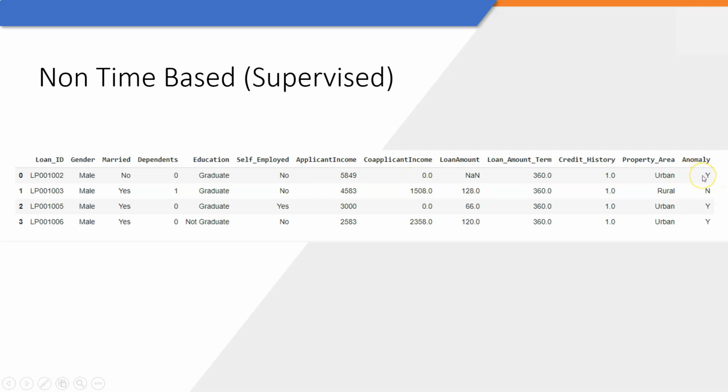From a set of data points, I determine which of my customers are going to be problematic. So the problematic customers are anomaly data points, right? So this is a non-time based supervised because the label is available. Label with respect to past data is available.